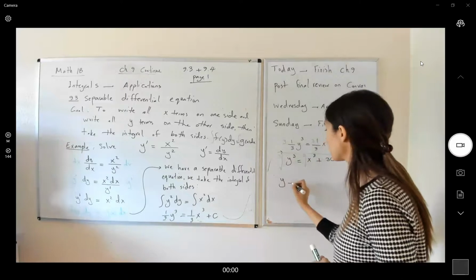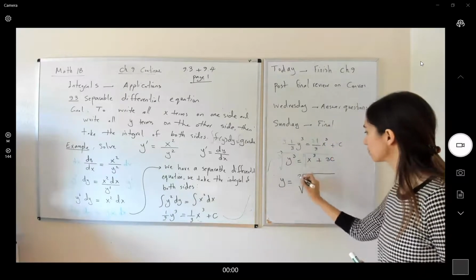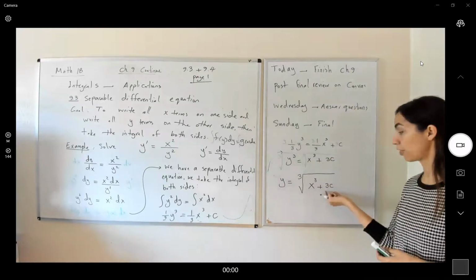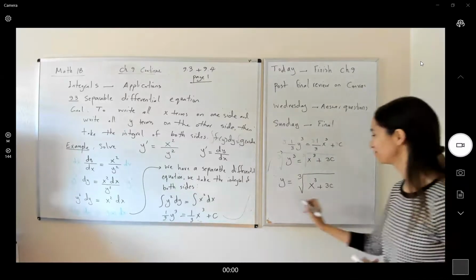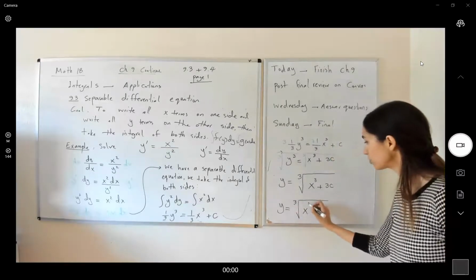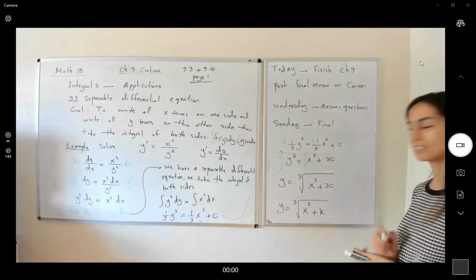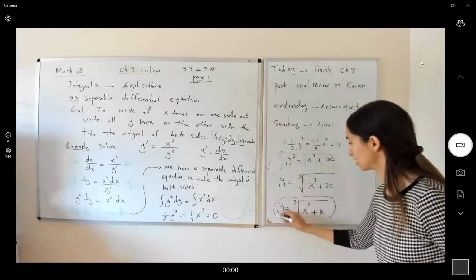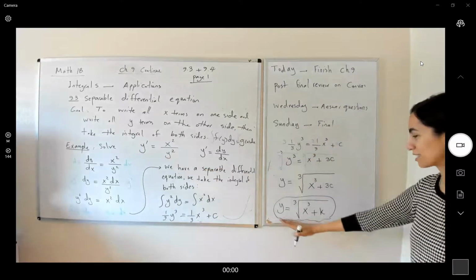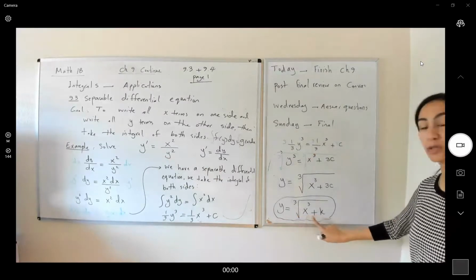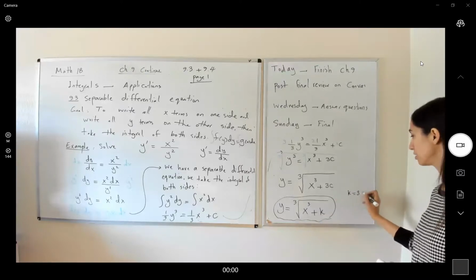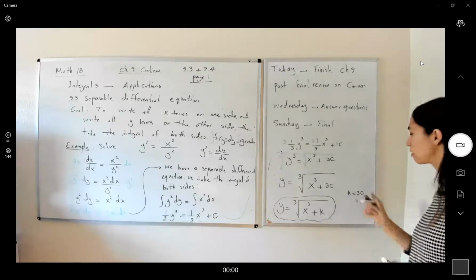So your y is equal to the third root of x cubed plus 3c. For 3c, you can use a new constant, you can call it k. So the solution of this differential equation has the format, the third root of x cubed plus the constant k. What is k? K is another constant replacing 3c.